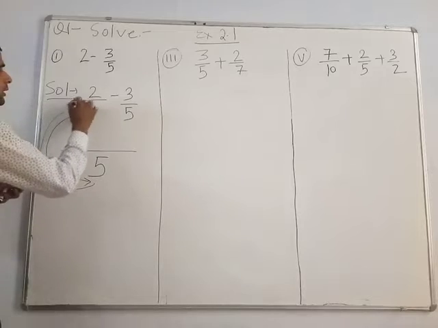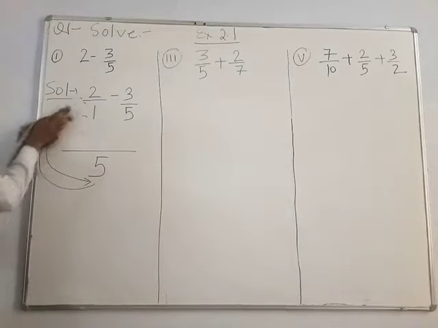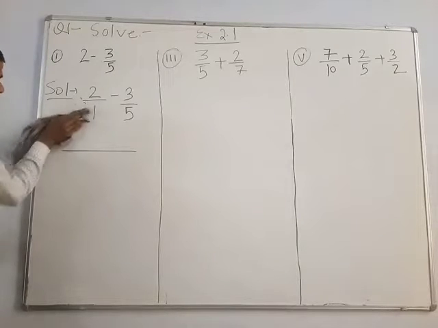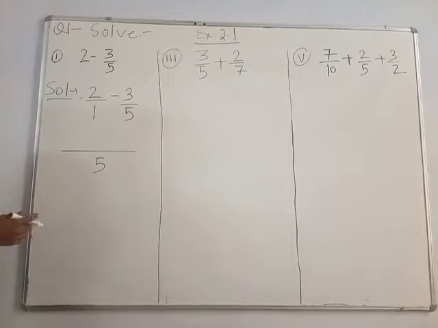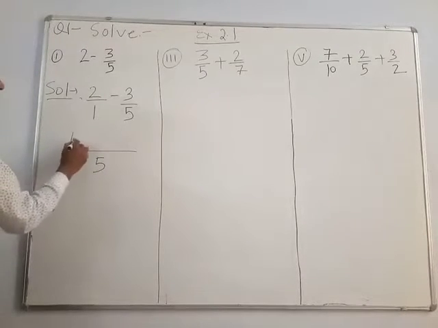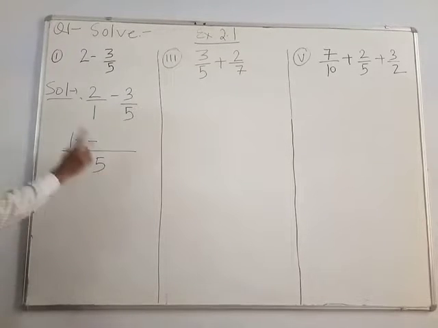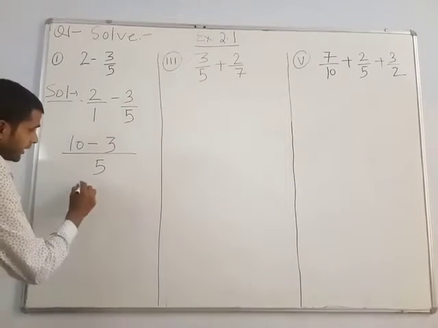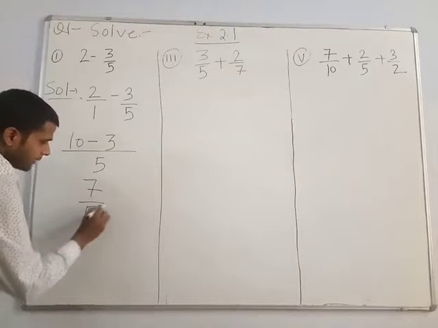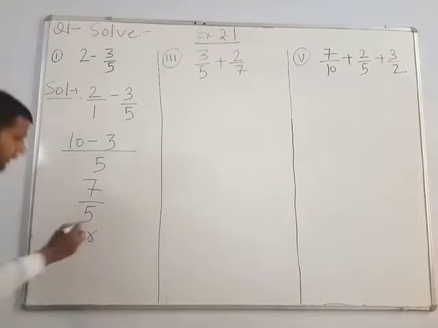So 5 multiplied by 2, 10, minus 5 divided by 5, 1, and 1 multiplied by 3, 3. So 10 minus 3, 7 upon 5. Is this a proper or improper fraction? This is an improper fraction.